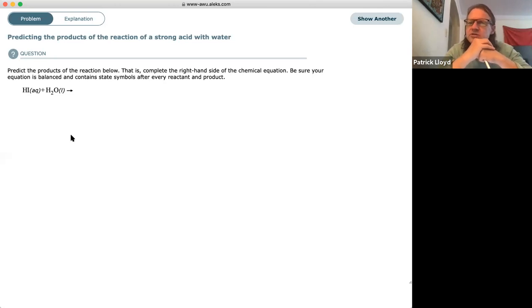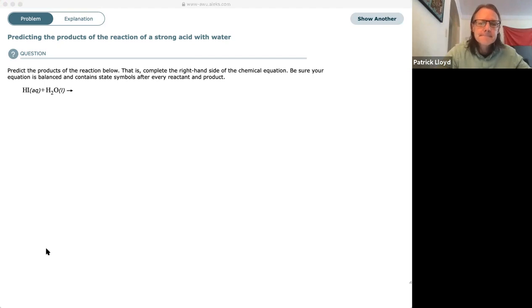So when you're talking about the reaction of an acid with water, okay, that's when you want to invoke the idea of transferring the H plus ion. And that's going to form a hydronium ion. Okay, so let's take a look at this one. So HI.